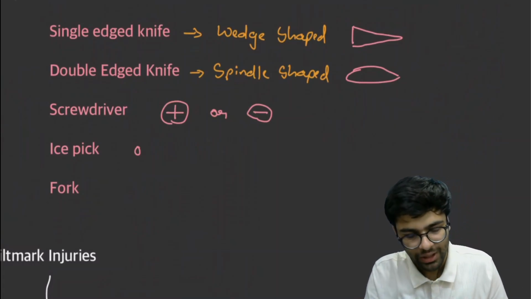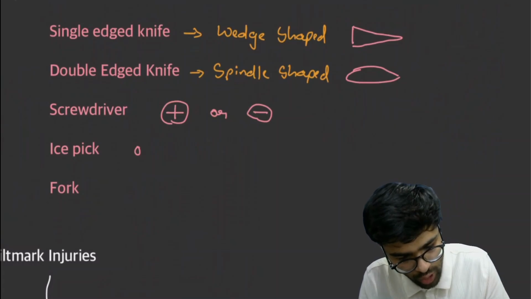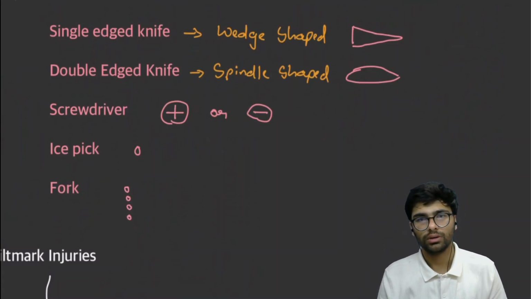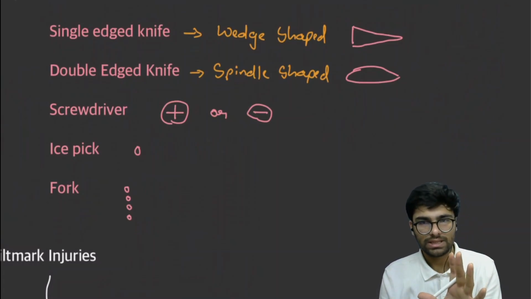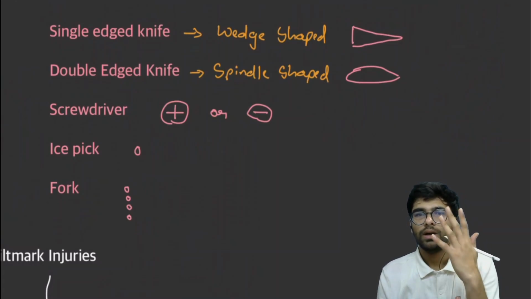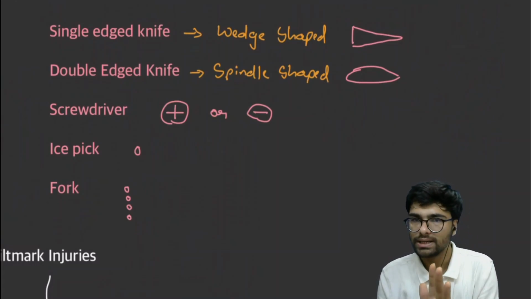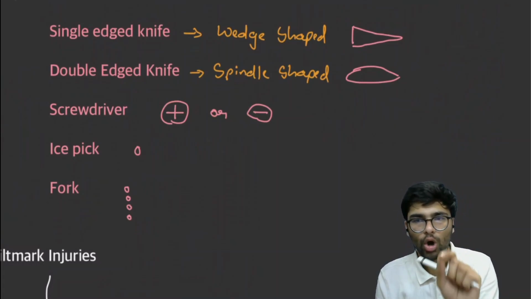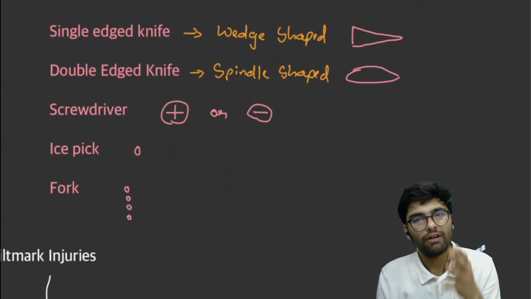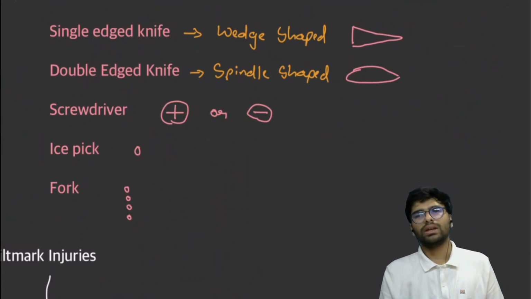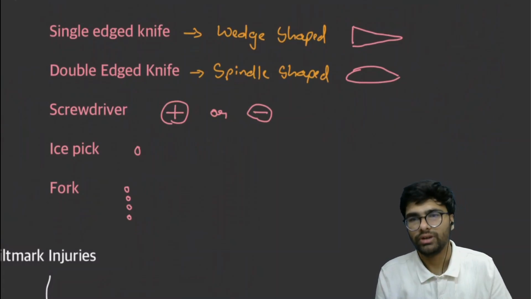And fork, fork is 4 vertical dots. So we have seen 5 weapons, 5 different shapes: single-edge knife, wedge shaped; double-edge knife, spindle shaped; screwdriver, plus or minus; ice pick, circle or dot; and in fork we have 4 dots. 4 vertical or horizontal, it depends on how the fork is penetrated. Okay.